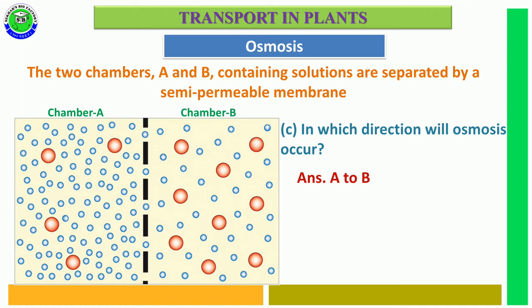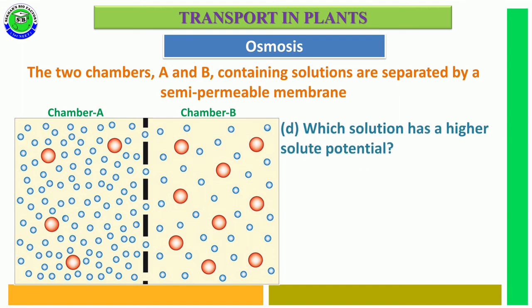Due to the concentration gradient, the movement of water occurs from chamber A to chamber B, because chamber A has more water molecules with high water potential, while chamber B has fewer water molecules with less water potential. So the direction of osmosis always takes place from higher water potential to lower water potential, so the movement of water occurs from chamber A to chamber B.